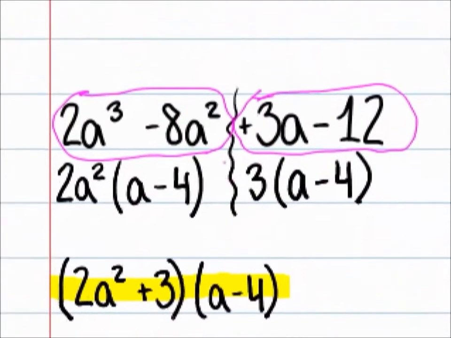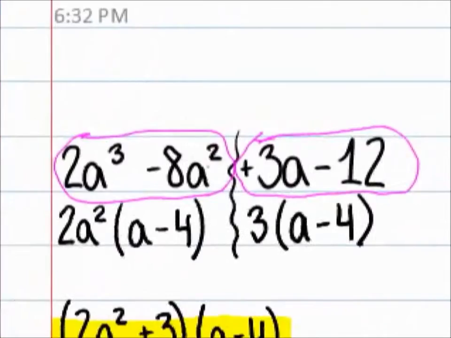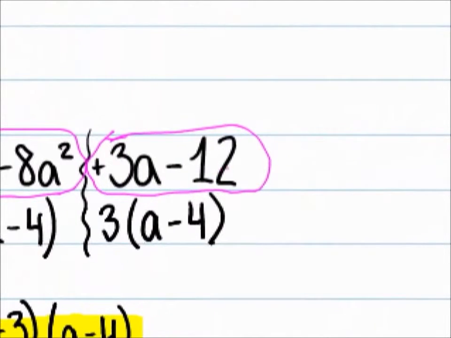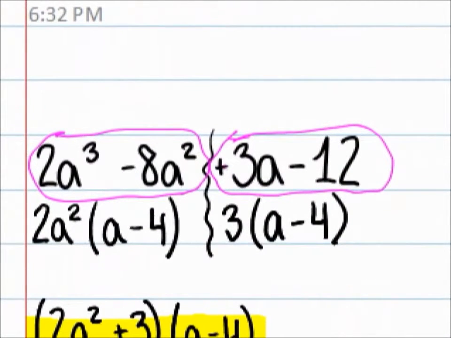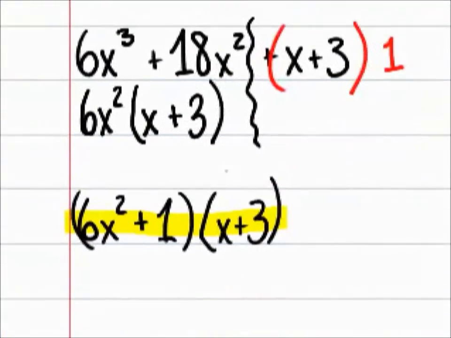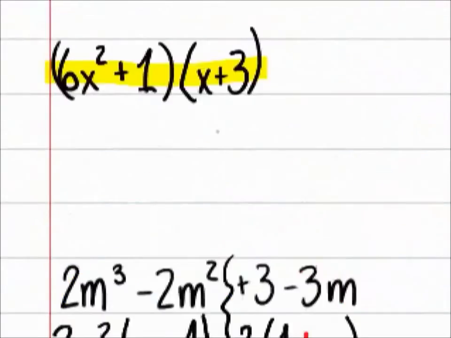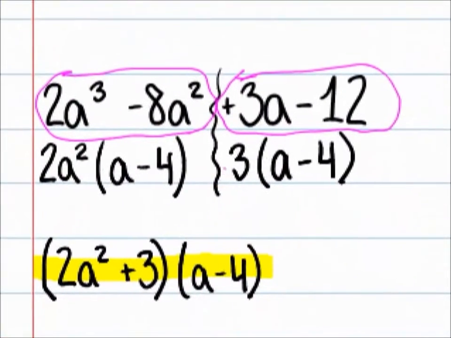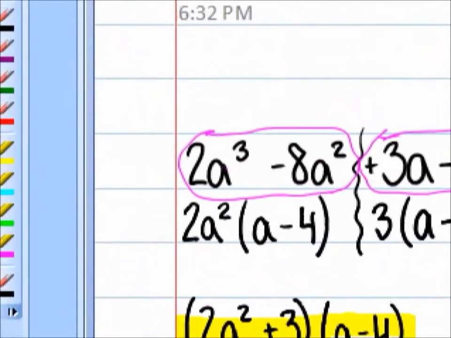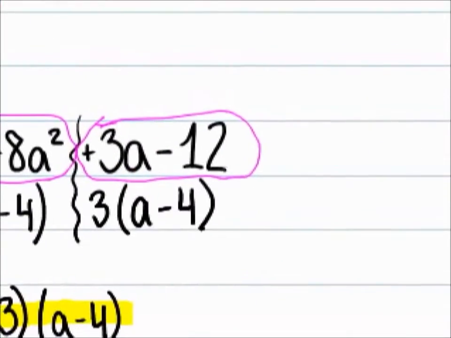Now, what you would do first for this would be to try to find a GCF beforehand, but in none of these did we have a GCF beforehand. Okay? So, you group them into two groups.